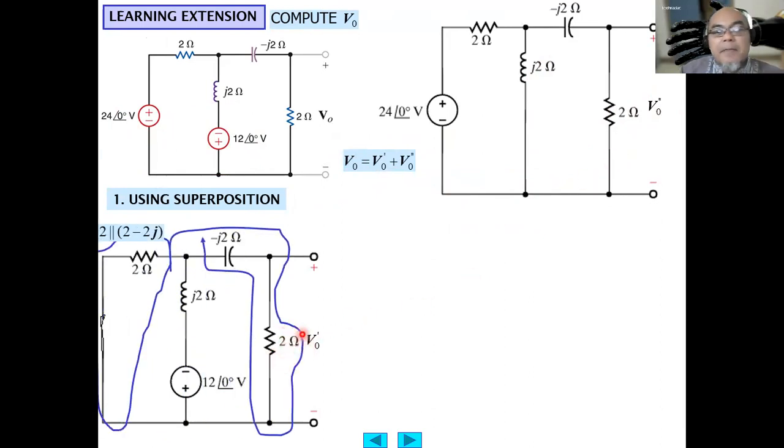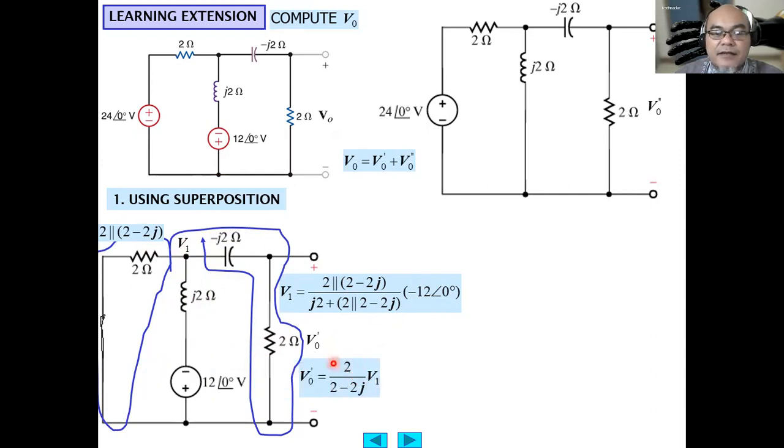So from here, V output can be calculated using the voltage division formula. The V1 here equals 2 ohms parallel with 2 minus J2, divided by this 2 parallel to minus 2J plus J2, times the minus 12 volt, because this is negative in the upper node.